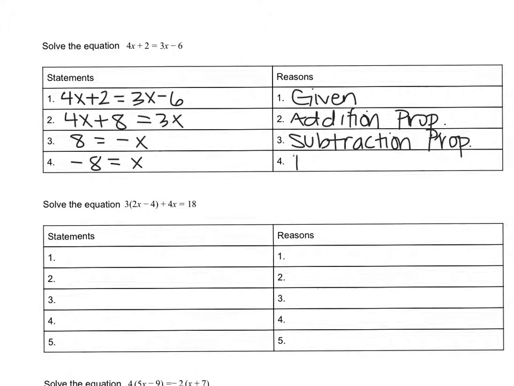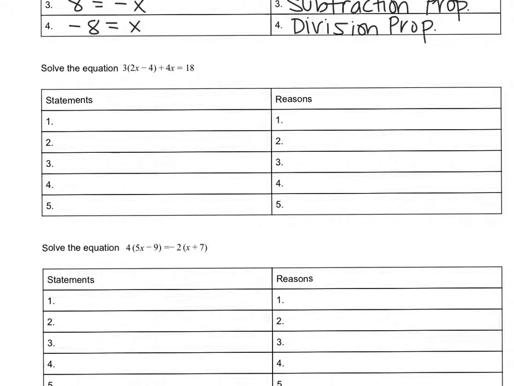And my reason would be the division property. And this isn't the only way to solve the equation in a proof, but it is one of the ways. So we don't usually think about the reasons behind when we solve an equation, we just do it. But it's nice to actually think about what allows me to go from one step to another.